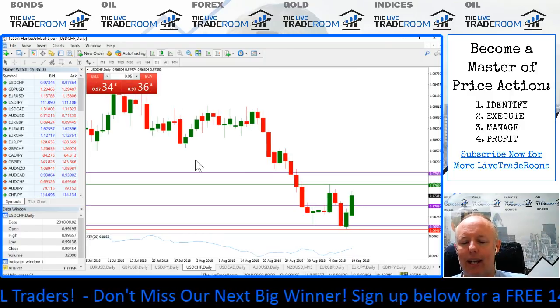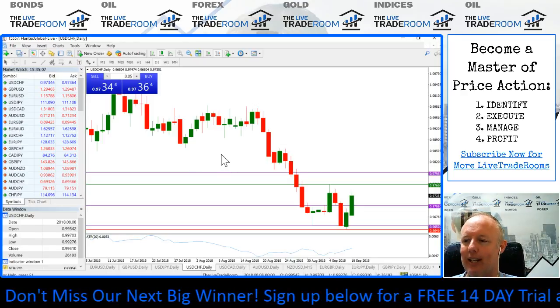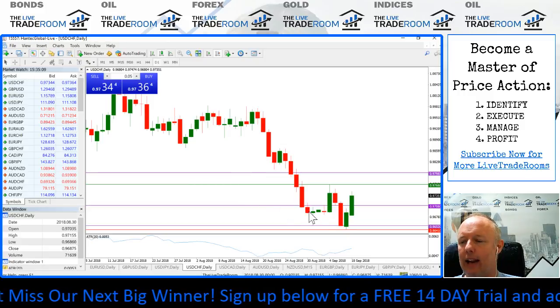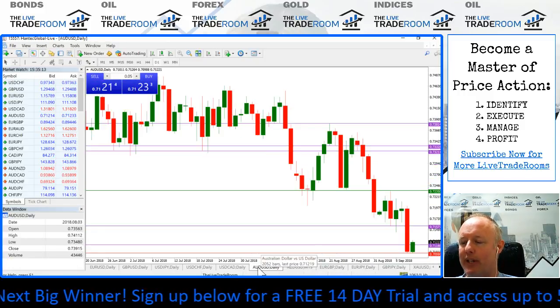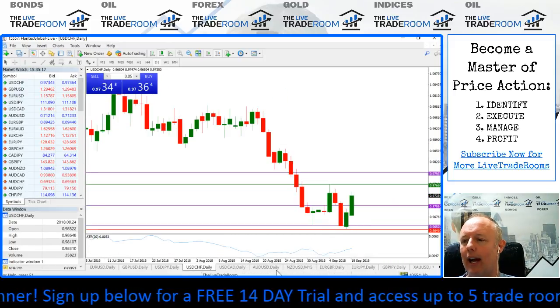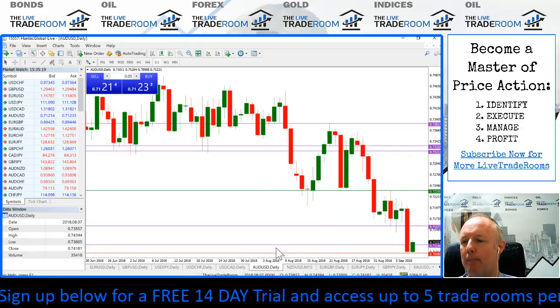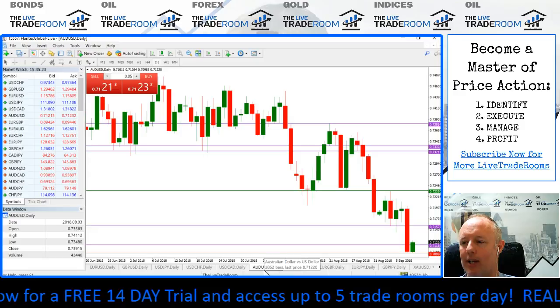So as far as today's trading is concerned, Lewis, straight away, if we do some strength and weakness analysis, we can see that we're likely to get a buy opportunity in the Aussie Swiss, if that makes sense, because the Swiss is selling off against the dollar, but the Aussie dollar is strengthening against the US dollar.